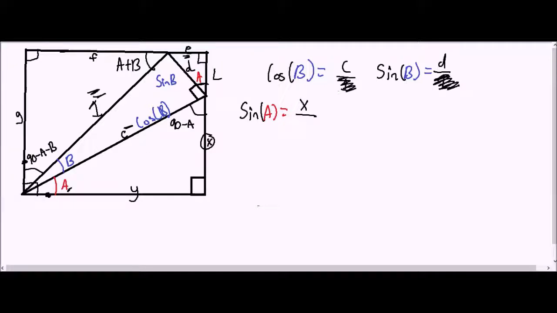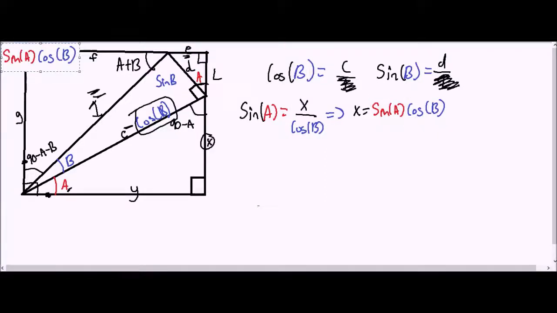And in this case, the hypotenuse isn't 1, it's cosine of B. So you can solve for this by multiplying both sides by cosine of B. I'm not going to show it here because we're short on space, but if you multiply both sides by cosine of B, you get that x is equal to sine of A times cosine of B. I am just going to simply copy and paste that.